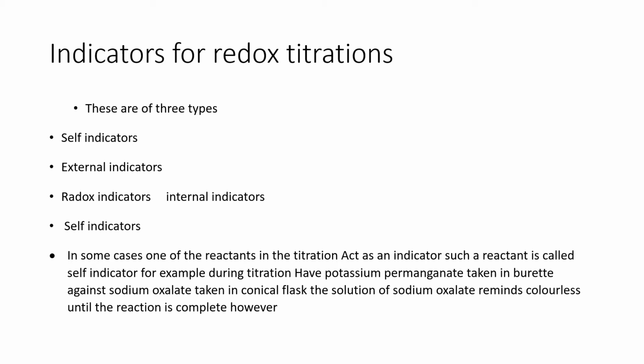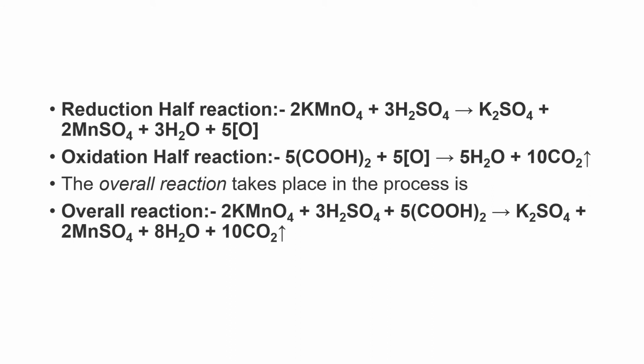For example, during the titration of potassium permanganate taken in the burette against sodium oxalate taken in the conical flask, the solution of sodium oxalate remains colorless until the reaction is complete. You can see the reaction between potassium permanganate and oxalic acid.